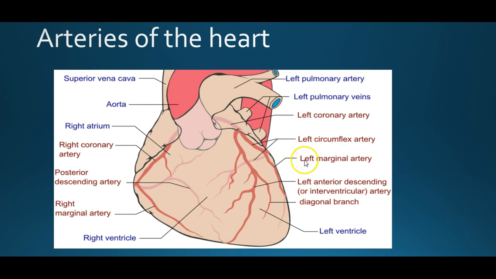As you can see, we have the left marginal artery, and the left side of the heart is where most of the atherosclerosis is in this patient. That's why I'm going to refer to everything on the left.